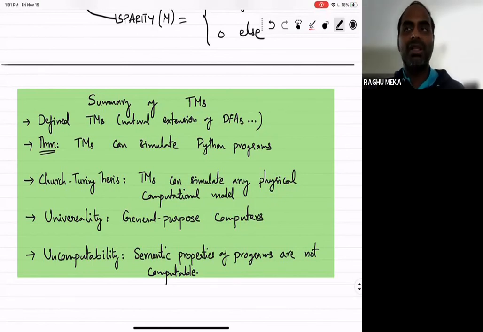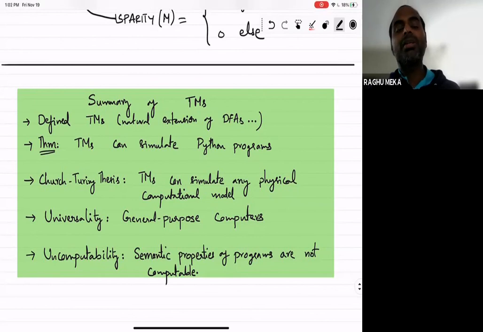That was the notion of a tape, and that led to the definition of Turing machines. We saw examples that they could do things which are not possible by DFAs. And I stated without proof that Turing machines can actually simulate Python programs. We didn't prove it, but that is true, and this is a theorem that we can show formally.